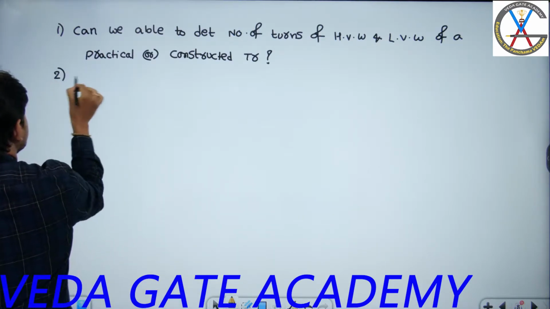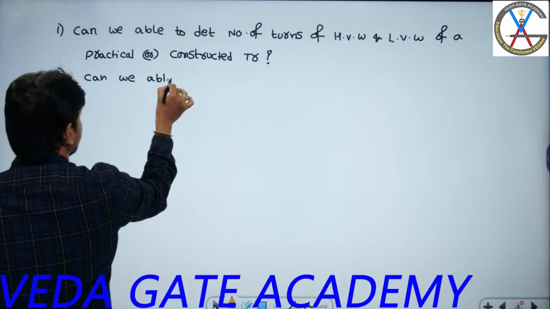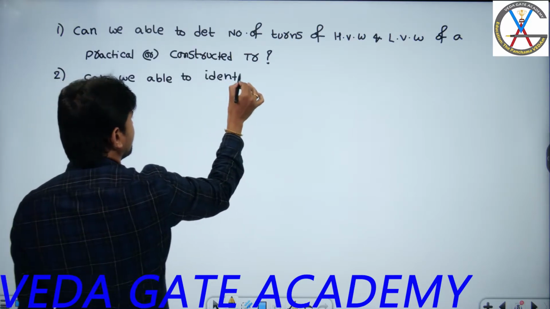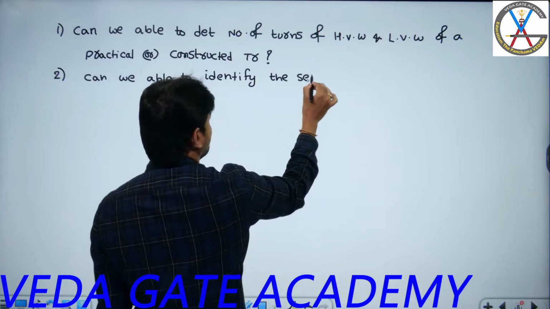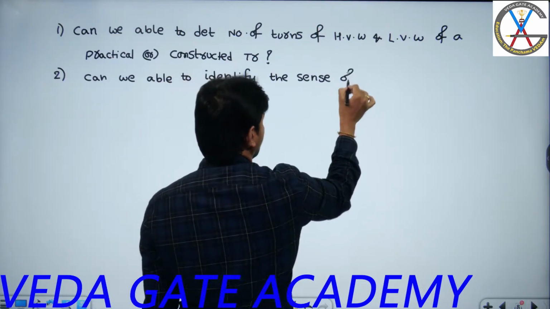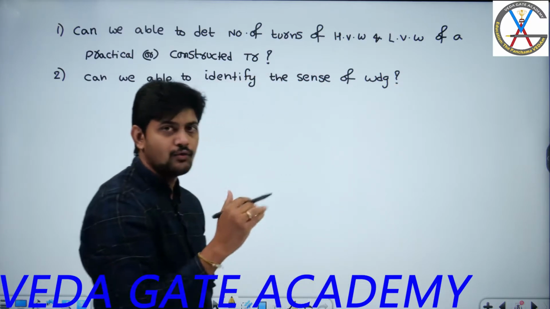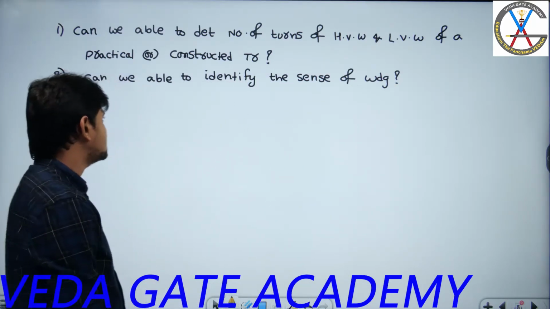The second question is, can we identify the sense of winding of a practical transformer? What is the meaning of sense of winding? Sense of winding means how we have to wind the winding on a given limb. This is the second one.